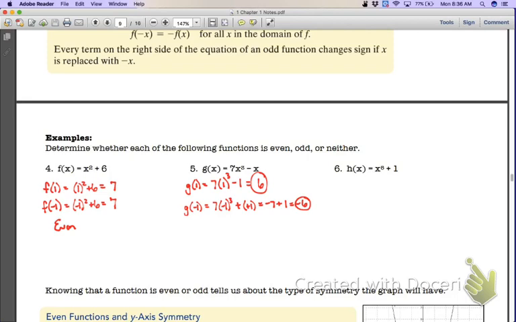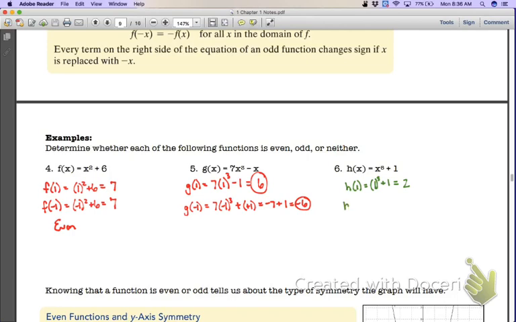What's your thought process, or what do you think? Neither? Going with neither? So if I go h of 1, that's 1 to the 5th plus 1, which is 2, right?